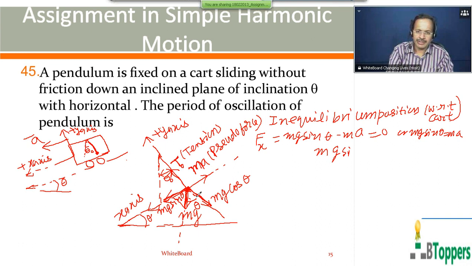The cart is moving down with an acceleration equal to g sin theta. That means theta and theta naught will be equal here.